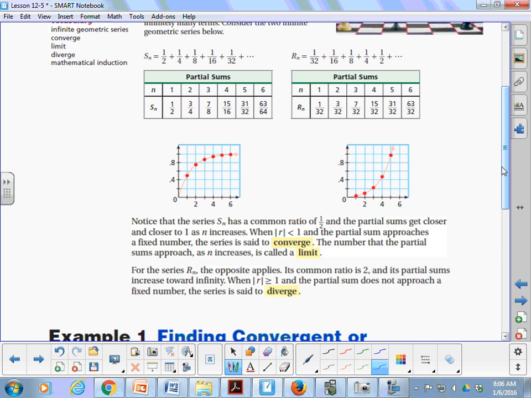So in the one on the left up here, the value of r was 1/2, less than 1. It's converging to a specific number. The one on the right, the value of r was 2, because these are doubling each time, and so that was diverging.